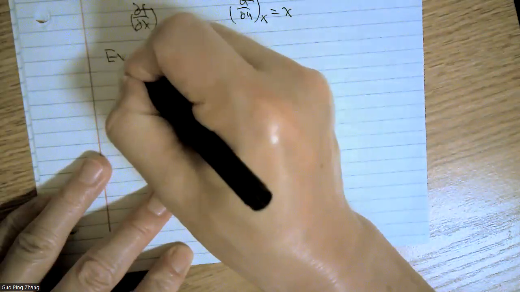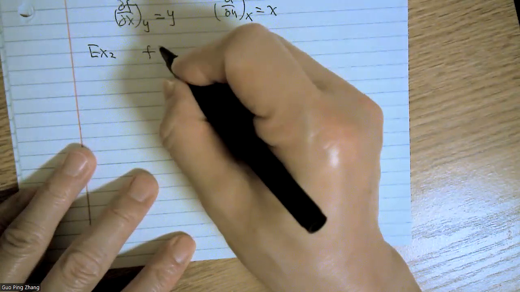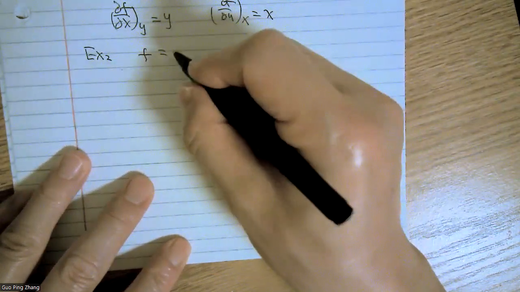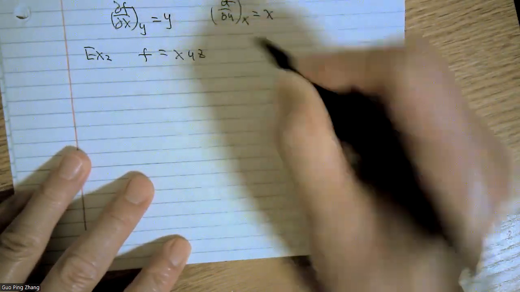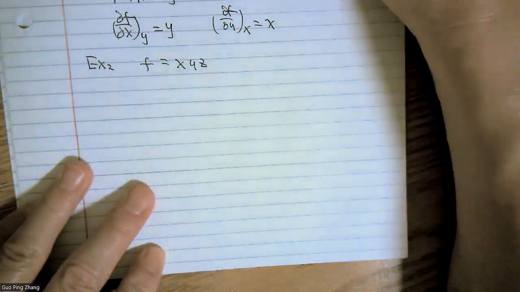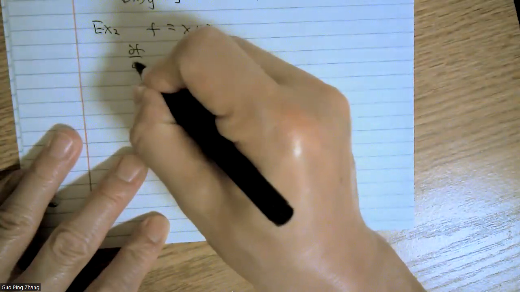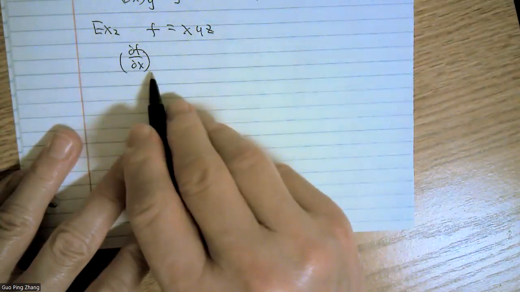And we're going to work on more complicated situations. For instance, if I have f equals xyz. Now I have three variables, and I can also calculate the partial derivative. Let's say partial f over partial x.